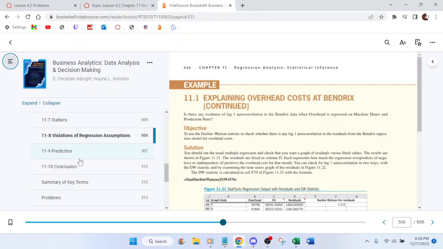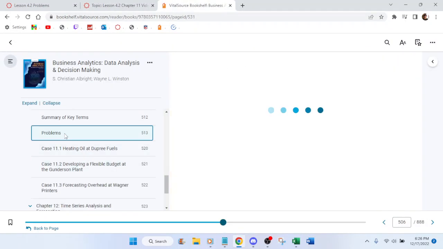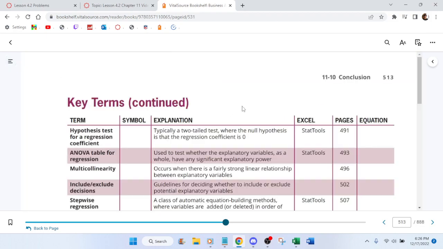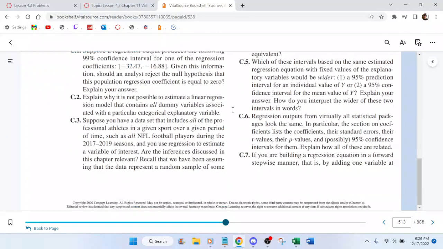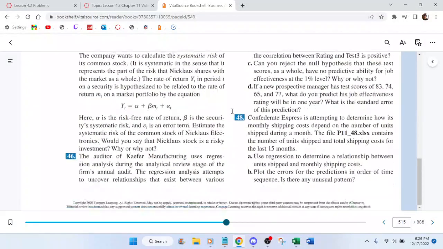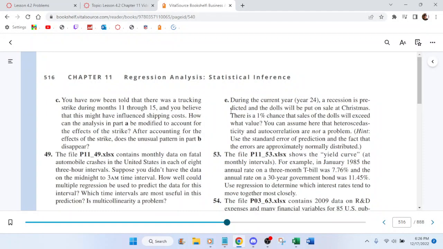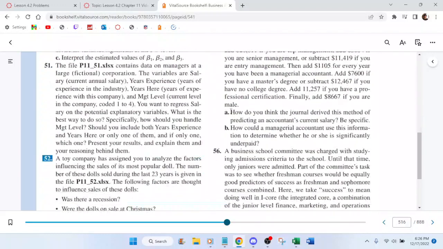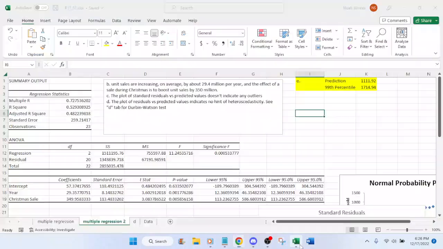Where's problems? 52. So that's it. That's it.